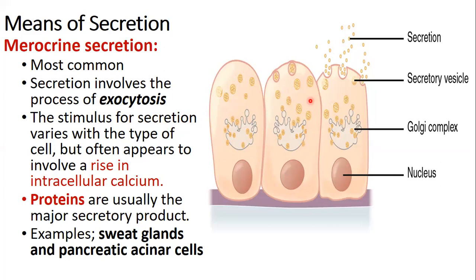When that product is needed, for example sweat, when you're running and the body needs to cool down, the vesicles undergo a process known as exocytosis. They go closer to the cell membrane and open up, allowing the product inside to leave the cell. We call this process exocytosis, meaning exit. If it's in the opposite direction, it's referred to as endocytosis.